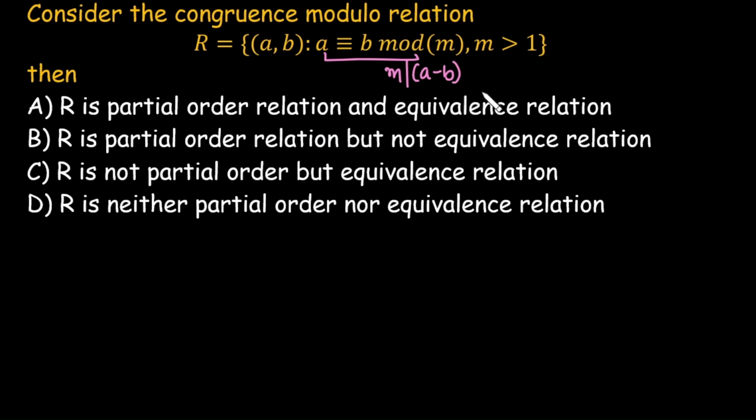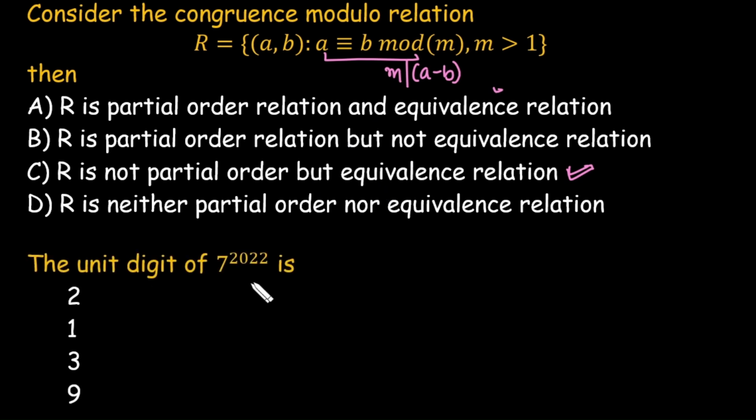That is reflexive, symmetric and transitive. A partial order relation is reflexive, antisymmetric and transitive. So remember that congruence modulo M is an equivalence relation but not a partial order relation. Hence option C is correct. The link for the proof of the statement is given in the description.